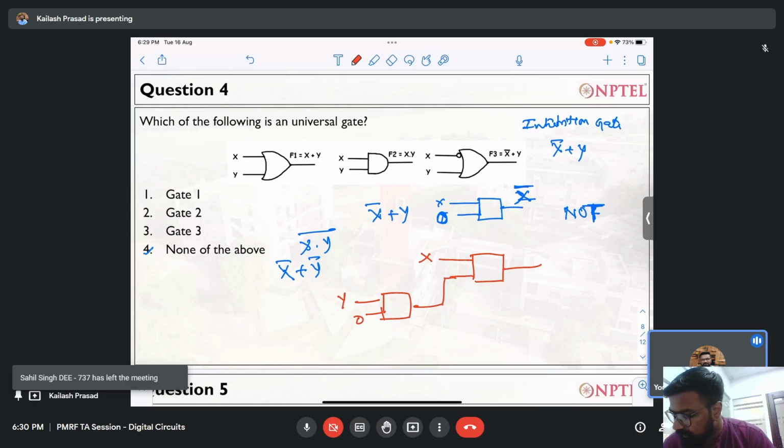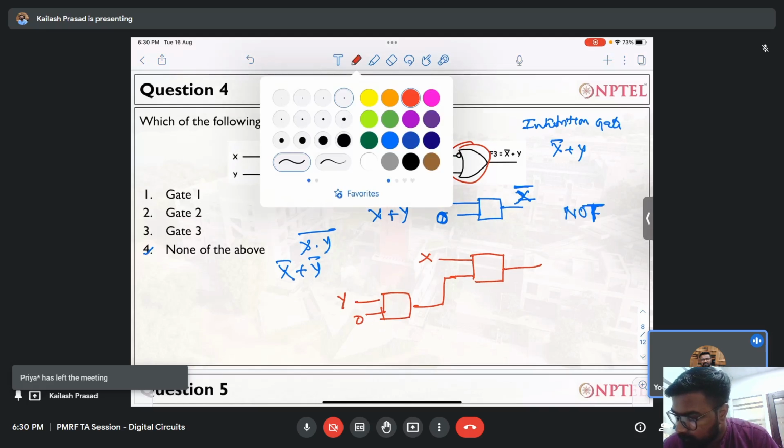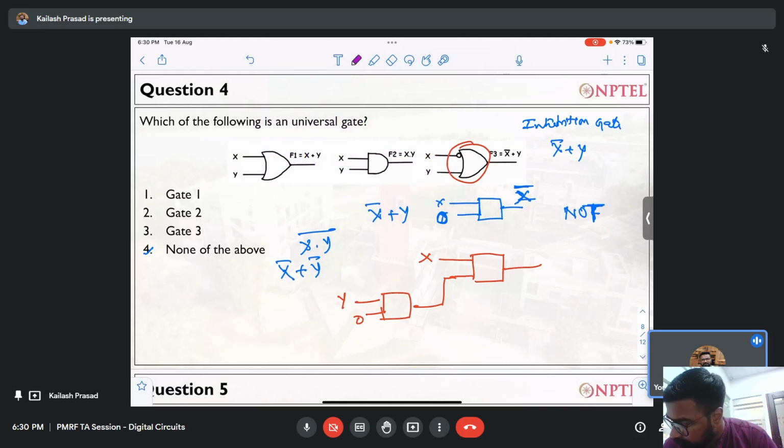Please note that this is the inhibition gate. So here it will be y bar, right? Everybody agrees, right? And the output will be x bar plus y bar, right? Is it correct, everybody? Yes, correct, sir.